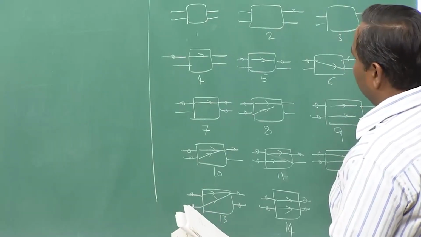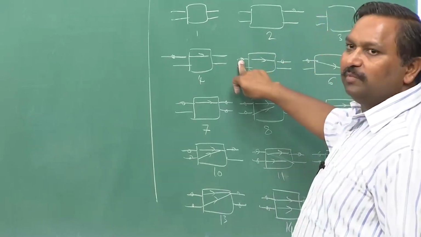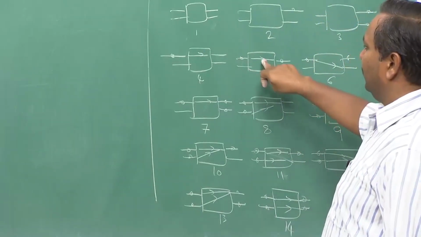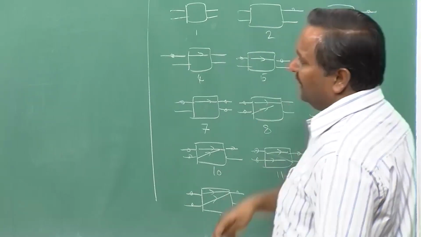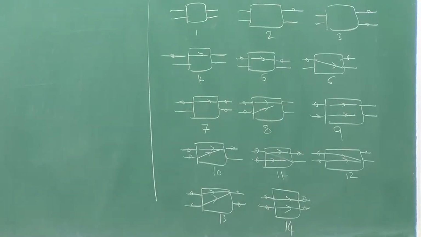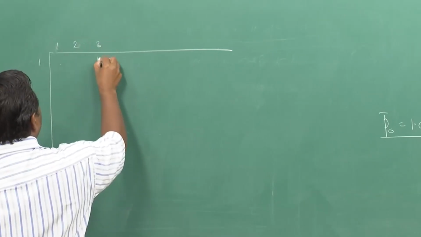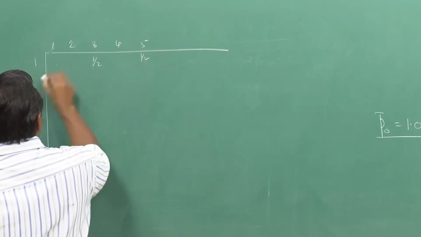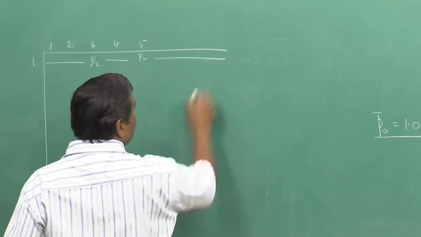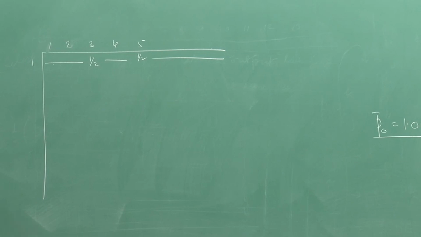Or only one of them goes out and the other has to be held up here, because of the conflict, because both of them wanted to go to the same port. So, between 3 and 5 it will happen with half probability. You can go from 1 to 3 with half probability, and you can go to 5 with half probability. This is surely going to happen, there is no estimation required, because this is stage 0 which I am talking about.